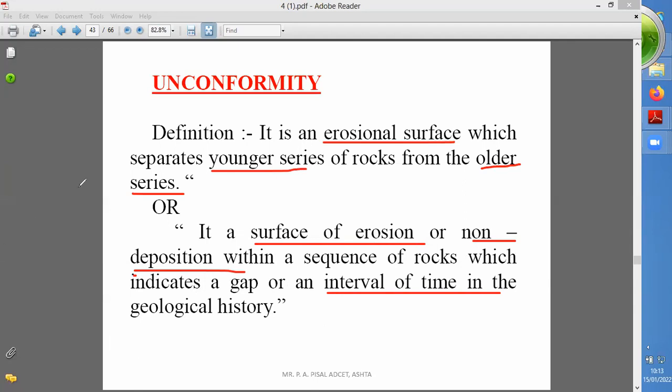As compared to this second definition, I think this first definition is easier to understand. Now I will explain the meaning of both definitions. Okay, no problem. First we will discuss the first definition. Now just wait. I will explain with the whiteboard.